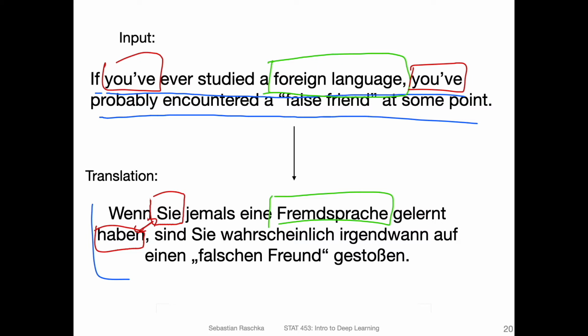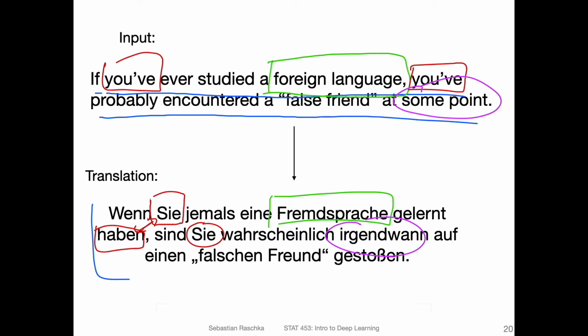And for this one, there is no corresponding word really. And this one corresponds to this one. So here it's not so obvious, we don't have this one-to-one mapping. Things might be shifted around a little bit in that sentence depending on the grammar.